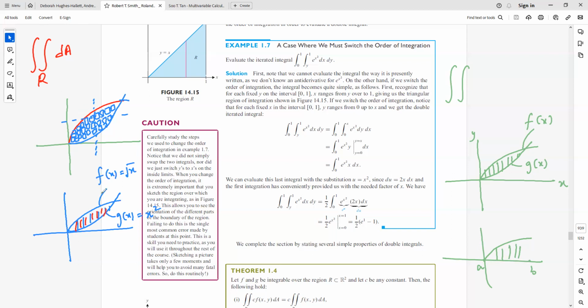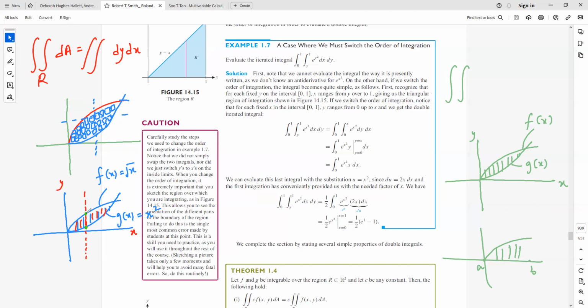Now, to find the limits in the y direction, let's say I am choosing the order of integration as dy dx. Then first I need to find the limit over the y-axis. So I just draw an arbitrary line parallel to the y-axis, and I need to keep an eye on where it cuts the upper curve and where it cuts the lower curve, right?